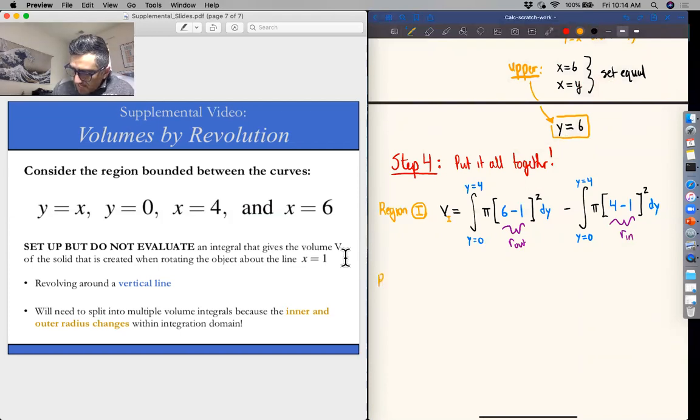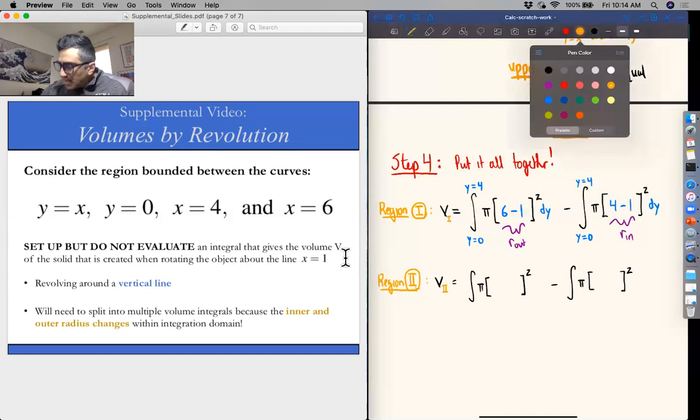So let's do the same exact thing for volume 2 from region 2. The volume in region 2, that was that upper triangular piece. We'll have the same kind of integration stencil, and then we can fill in these pieces accordingly.